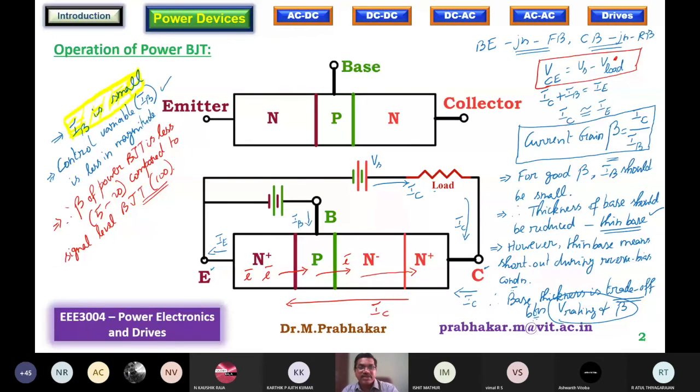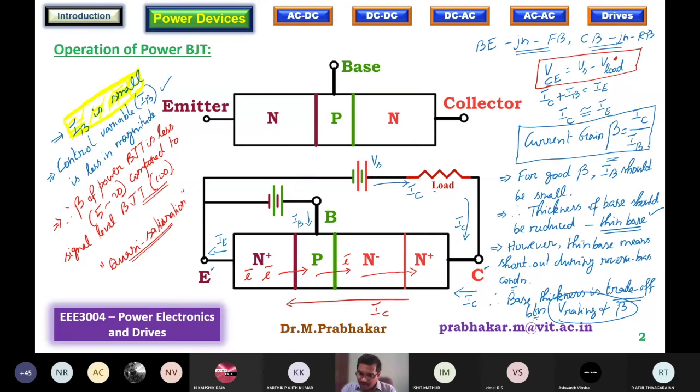The collector base junction will be forward biased at a particular value of IC. As a result, in power BJT, we will have what is called as quasi-saturation region in the VI characteristics of the power BJT. Quasi-saturation. This is another distinct feature which is available only in the power BJT.